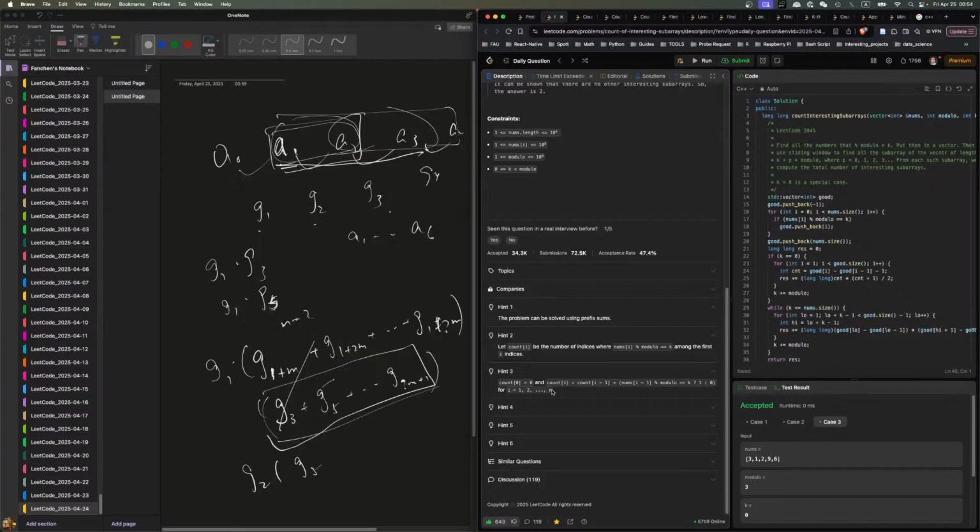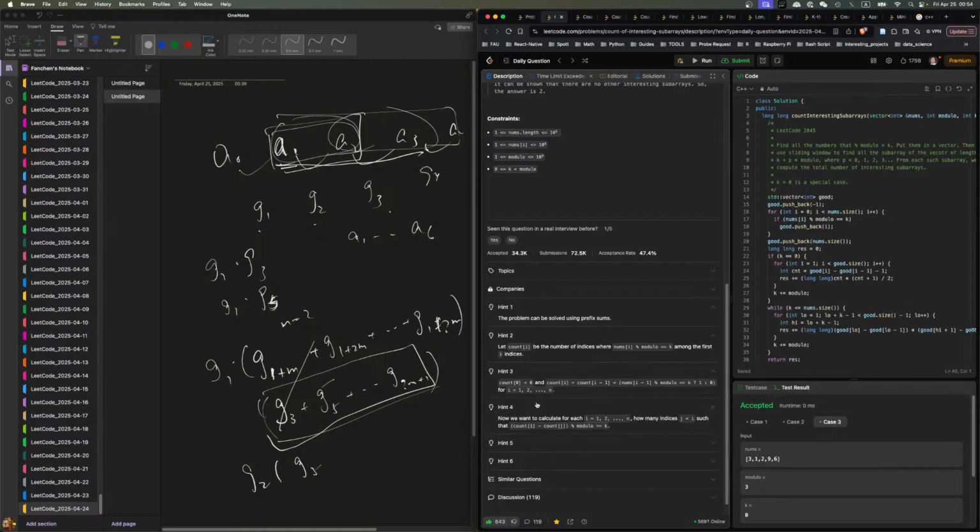Count I. Yes, okay, yeah. So count, right? I have each position is the count, how many in the past and the previous satisfies. Okay, that's fine.